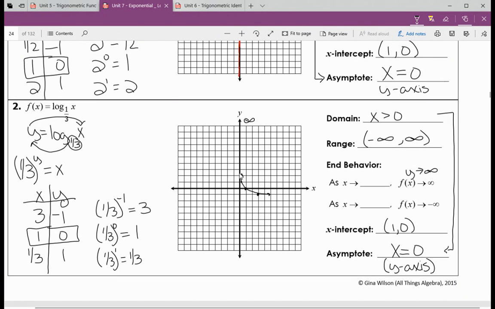Are you getting closer to that line? So we're approaching 0. Here is negative infinity. So as y approaches negative infinity, my arrow is going towards positive infinity.